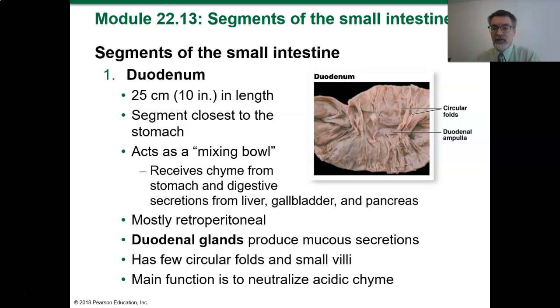So here's the duodenum, right, the beginning of the intestines. This is also where more mixing can occur, because this is going to receive that watery chyme from the stomach, but it's not completely digested.